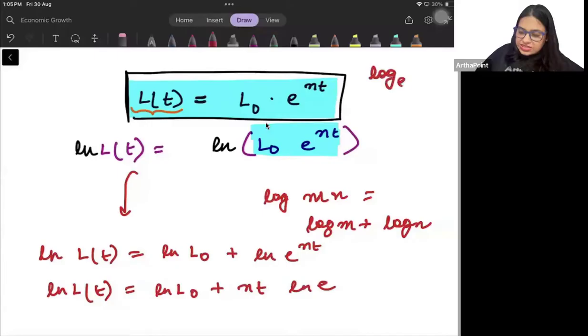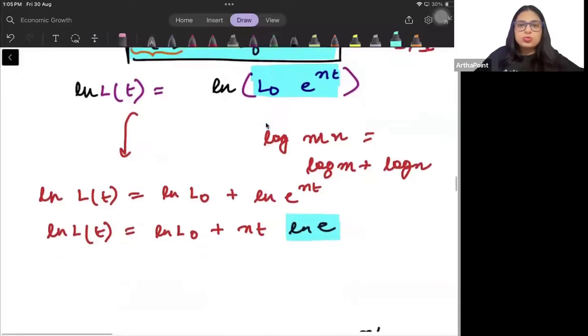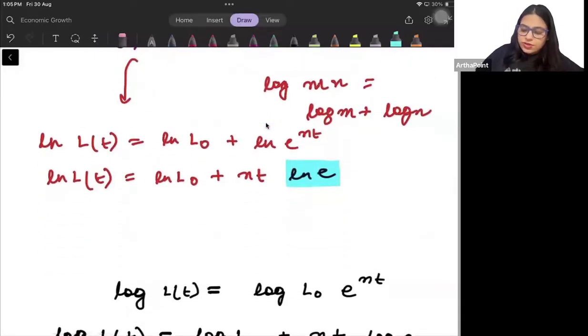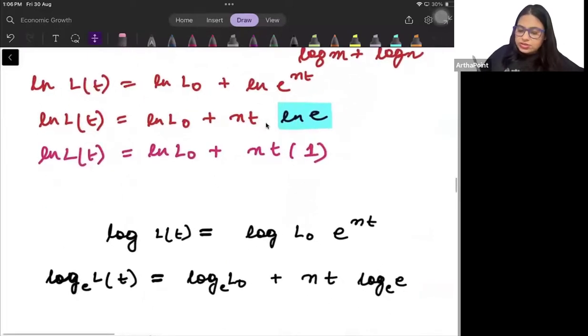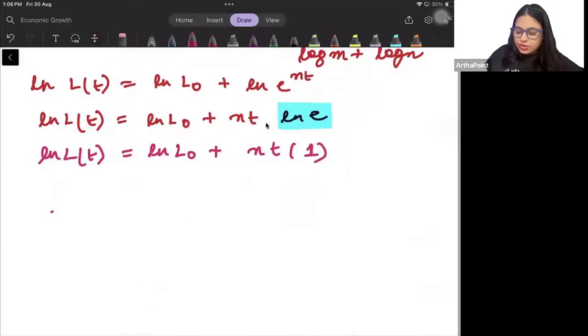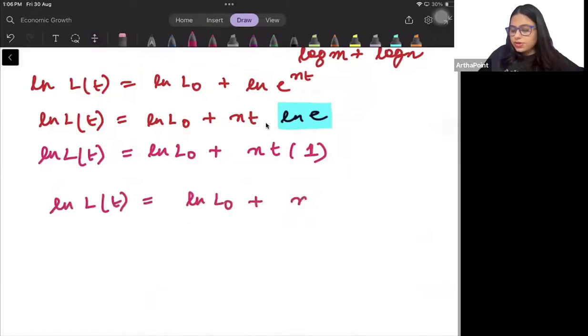When the base of the log is e and we are taking the log of e, that gives the value 1. So this part will turn out to be 1 in our case. So we get ln Lt is equal to ln L naught plus nt into 1, which gives ln Lt equal to ln L naught plus n into t.